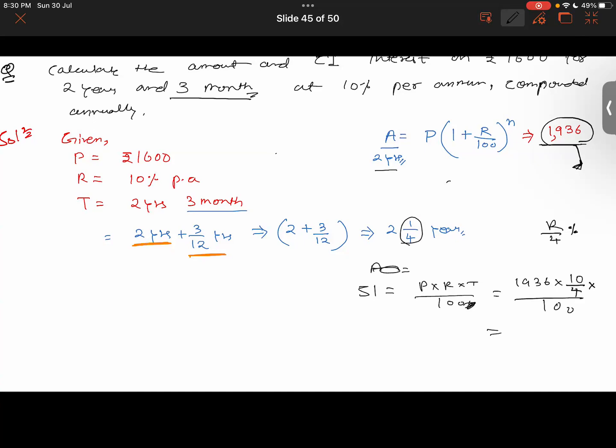So that gives me how much? That will be close to 48.4. See if it's 48.4, guys. That becomes 2.5. So 1936 multiplied by 25 upon 1000. See how much it gives you. Okay, sir.